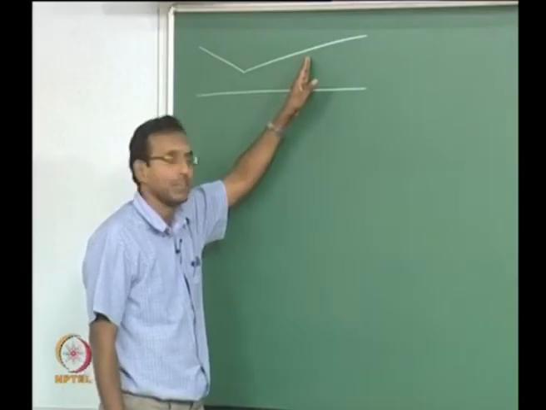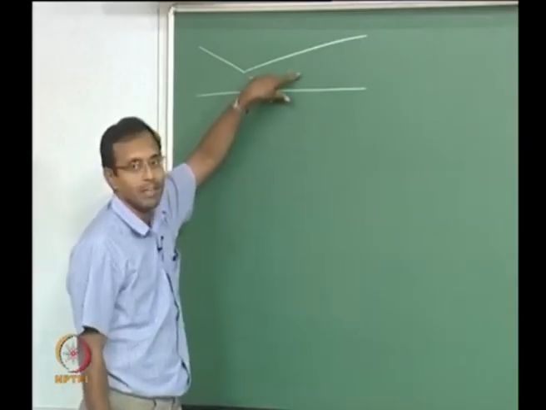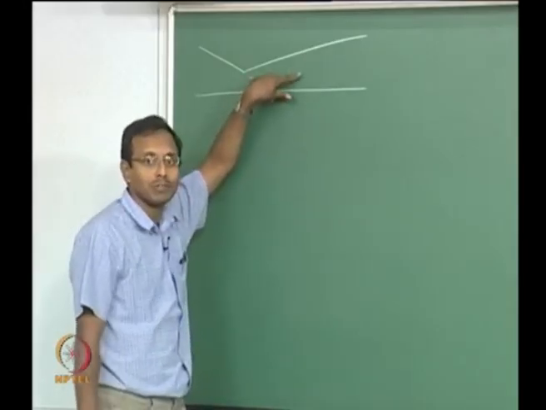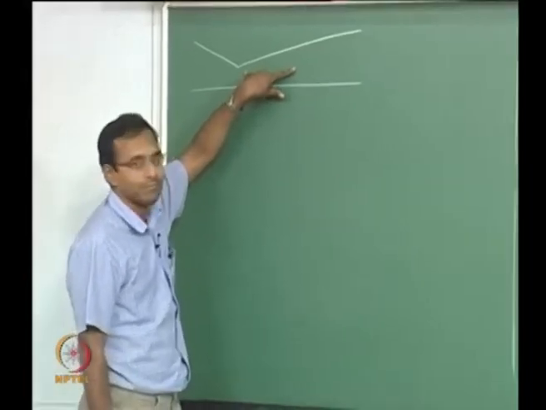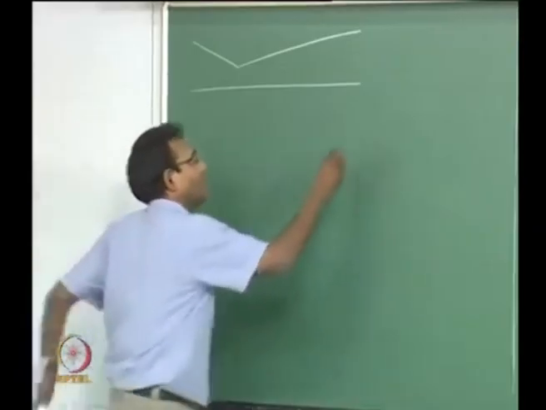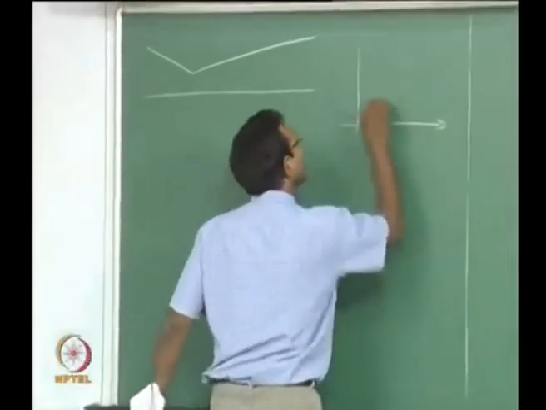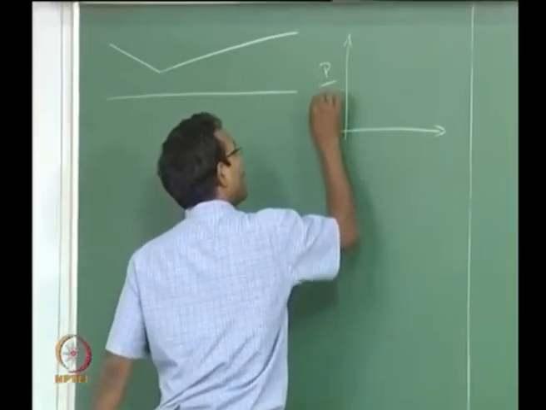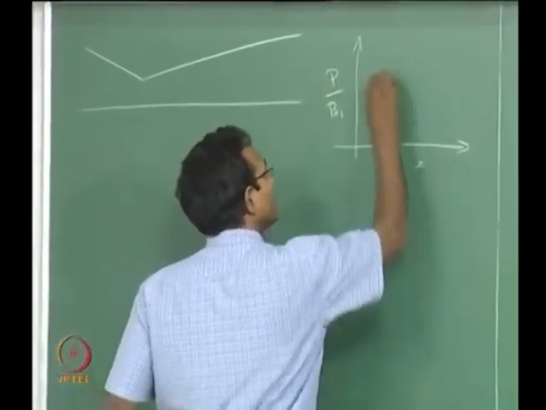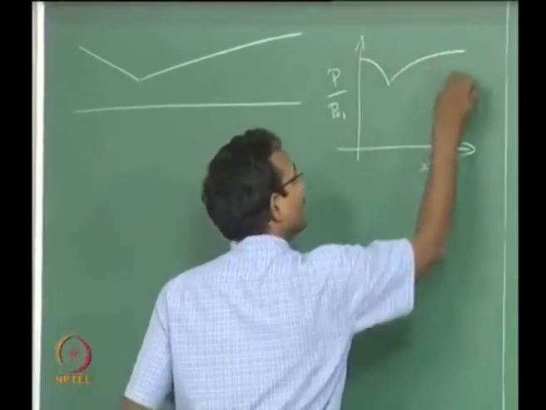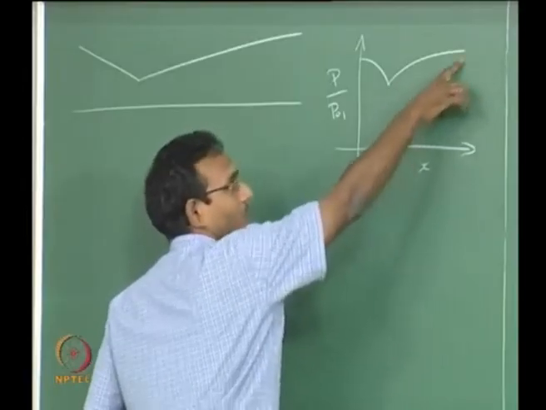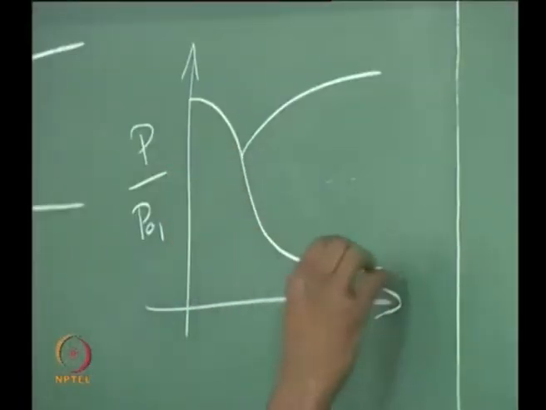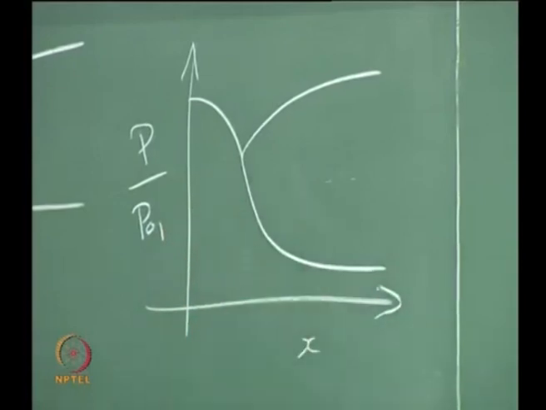Only thing you need to think about is, given A by A star, am I having a fully supersonic flow or a fully subsonic flow in the divergent portion? Depending on that, if I plot P by P naught versus distance, I could have a curve that is going like this. This will mean I am using A by A star going subsonic solution. If it goes like this, I am using A by A star going supersonic solution.